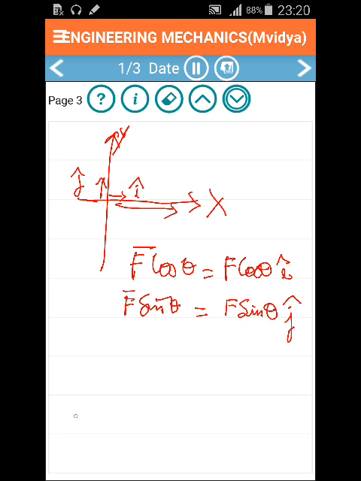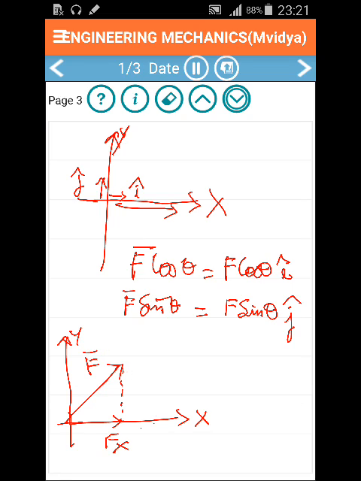From triangle law, I can write, let me extend this further. I can even call it Fx, which is my x component of the force, and this is Fy bar.